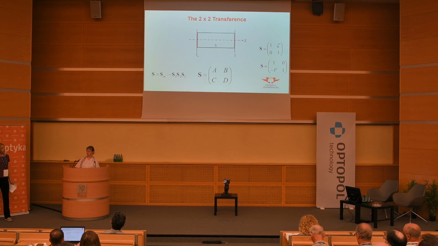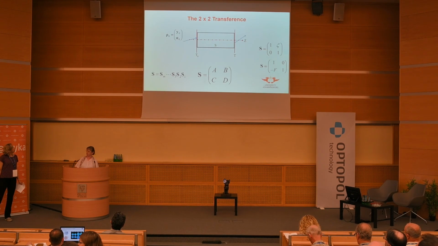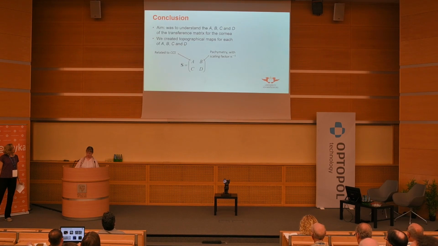Yeah, but the reduction, I think, goes a bit wrong here, because the refractive index in front of the eye is 1, and behind the cornea it's not 1 because it's not air. And then the one you showed after the determinant is the ratio between both indices.